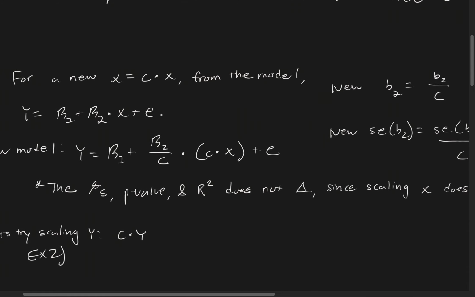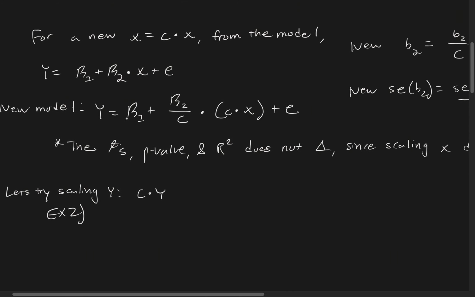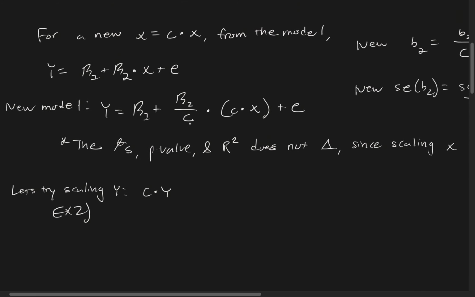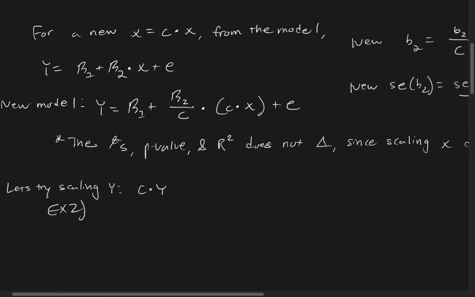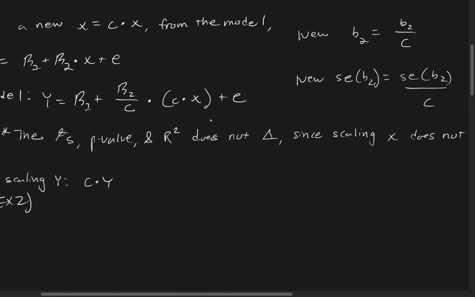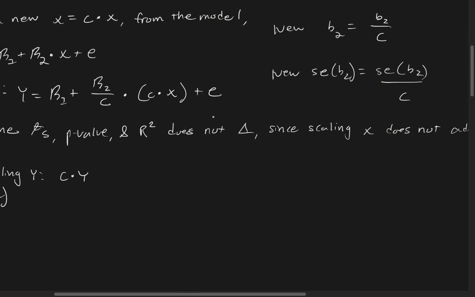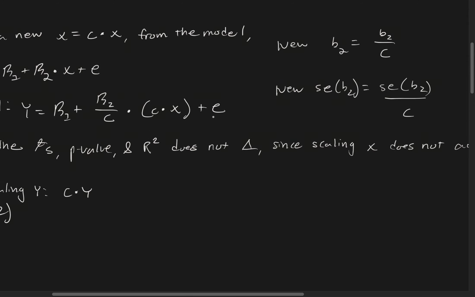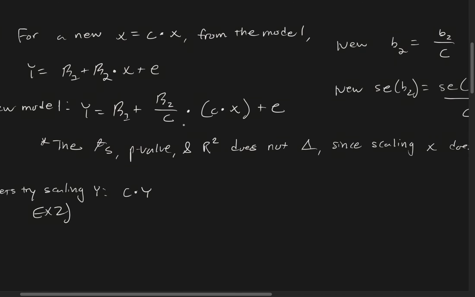And so when we do that, for the more general model, this is how it's mathematically shown. When we multiply by c, we have to also divide the beta 2 by the same constant. And note that our beta 2 will change even though our overall y output didn't. And so our standard error also changes for the beta 2, because again, beta 2 and our x variable have different values.